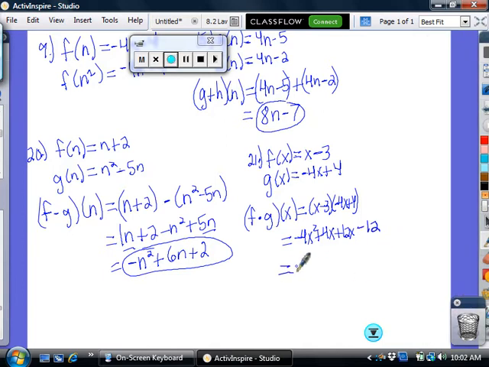So this would be negative 4x squared. 4x and 12x is 16x, and then minus 12. Okay, questions on any of those?